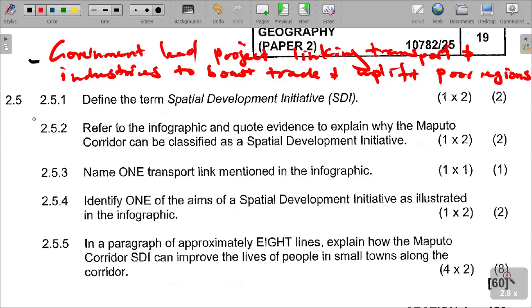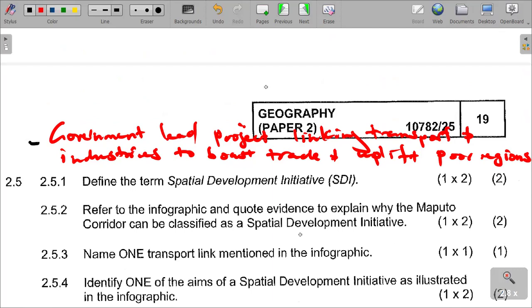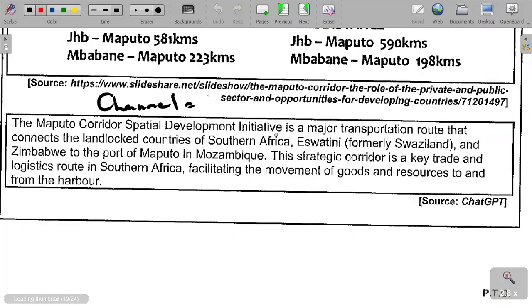You understand? Now refer to the source evidence to explain why the Maputo Corridor can be classified as a spatial development initiative. We are given from the source that the Maputo Corridor is a major transport route that connects landlocked countries.